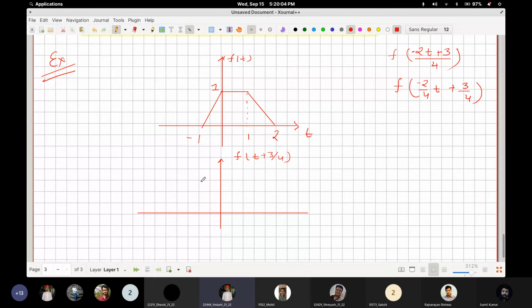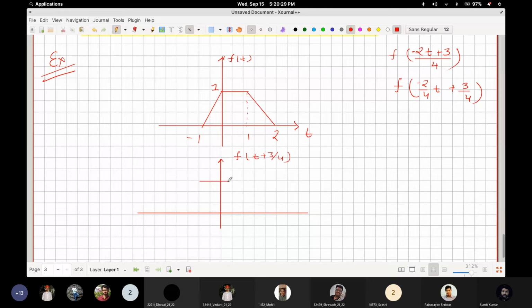Left में. Left. So 0 will be at minus 3/4, isn't it? This 1 will be 1 minus 3/4, 2 will be 2 minus 3/4, and this minus 1 is going to be shifted to minus 1 minus 3/4, isn't it? So I will be having something like this.